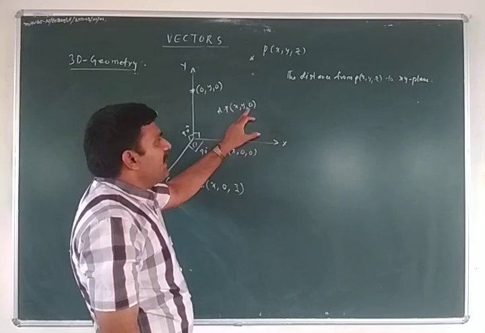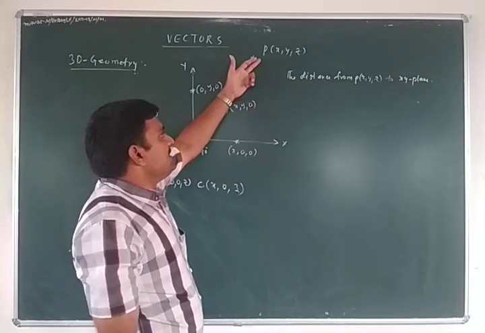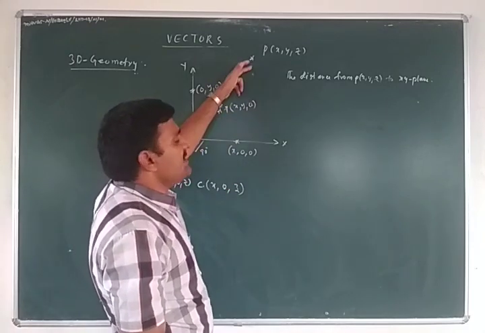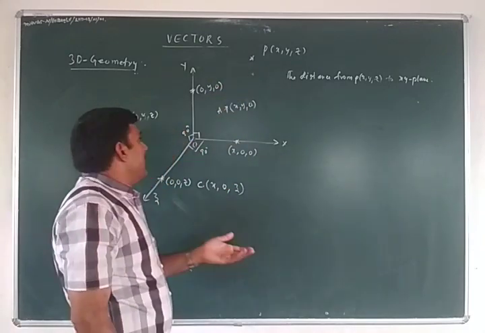Here the foot of the perpendicular on the xy plane is the point A, (x, y, 0). So what is the distance PA? PA distance is required here, so use the distance formula.